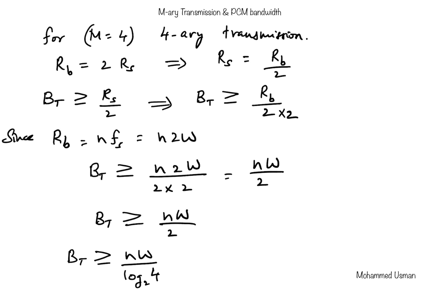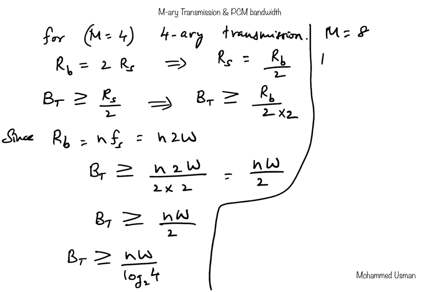If we had, say, M equal to 8, let me do a parallel calculation here. When M is equal to 8, we are going to have Rb equal to 3 times Rs, or equivalently Rs is equal to Rb by 3.